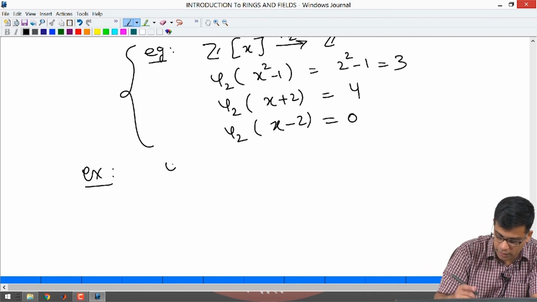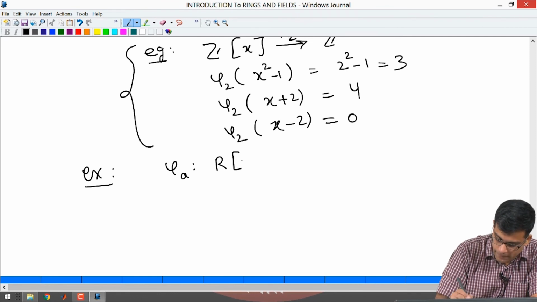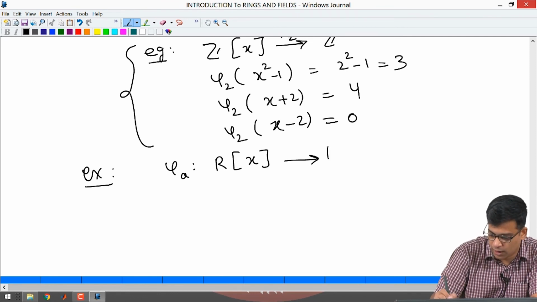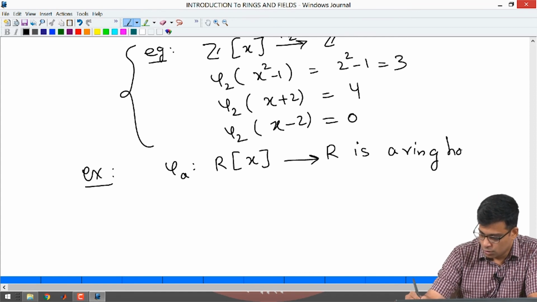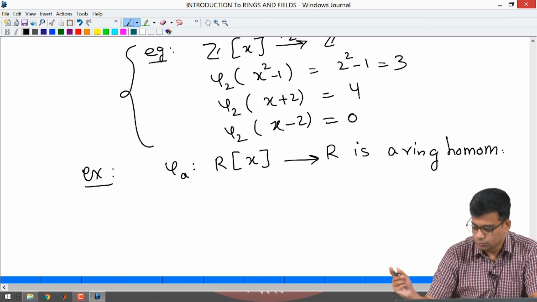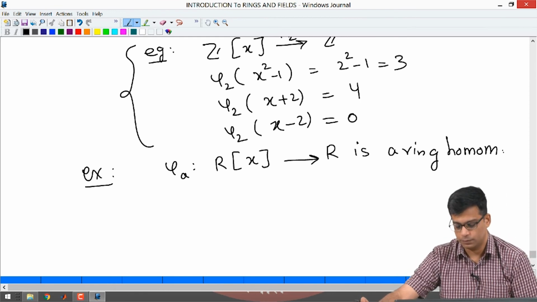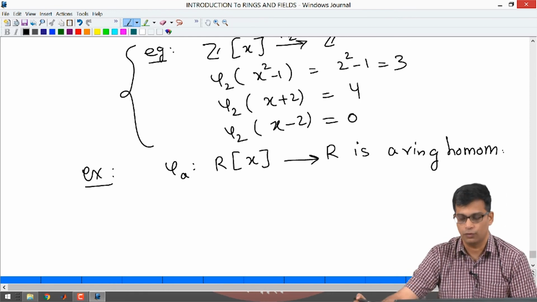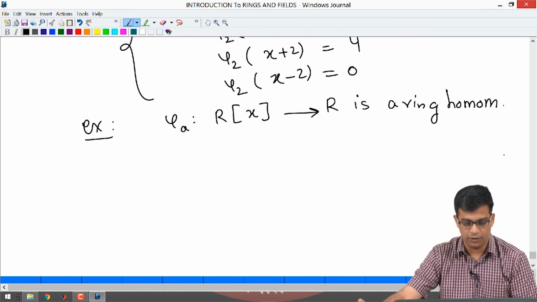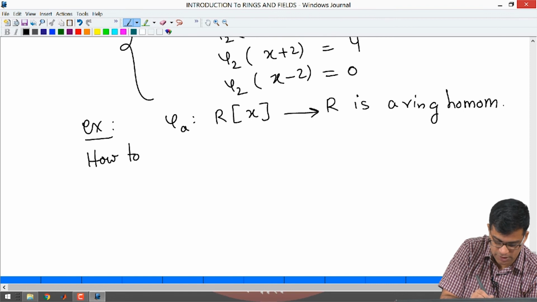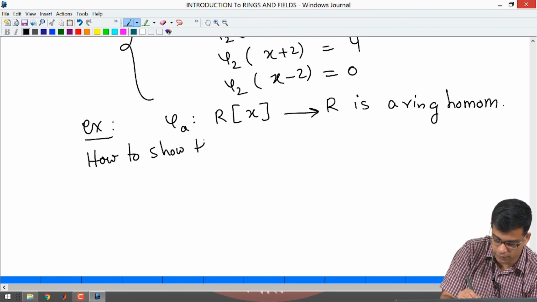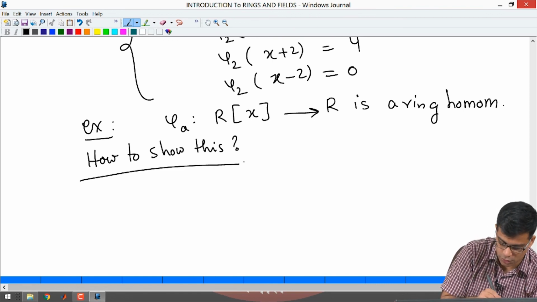Now, going back to the general case, phi a from R[x] to R is a ring homomorphism. Let me just quickly tell you, instead of giving you a full proof of this, which I will leave for you to do, how to show this. I will give you some hints and I will ask you to finish the proof.